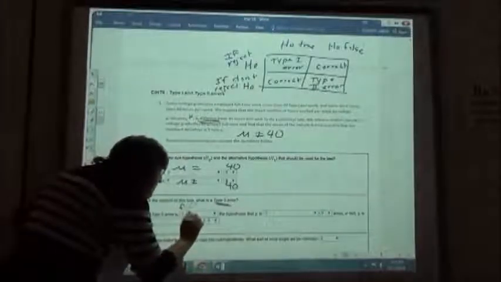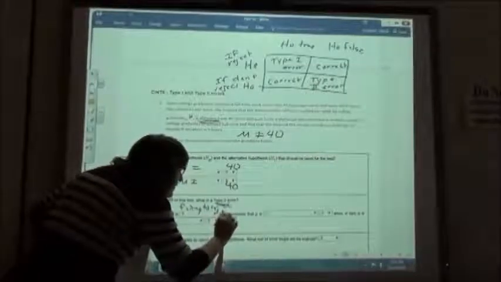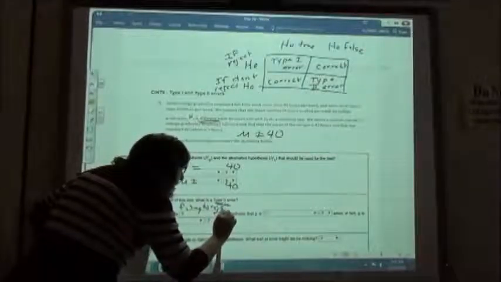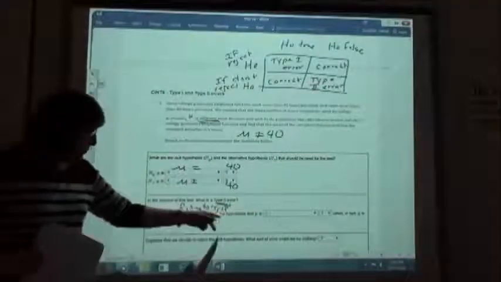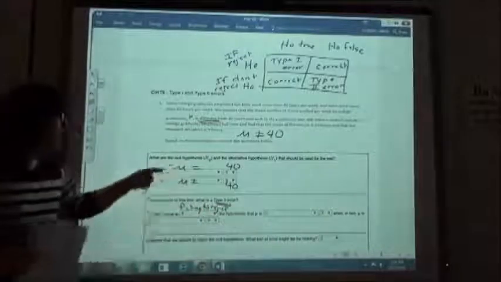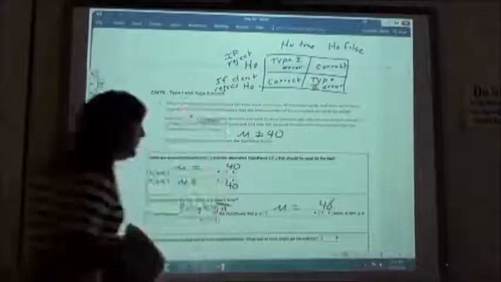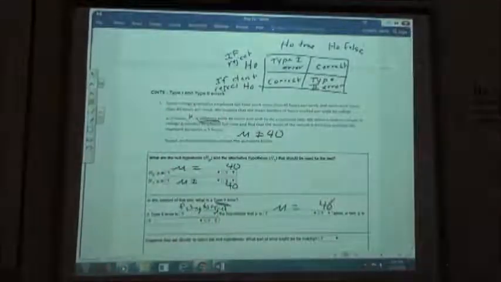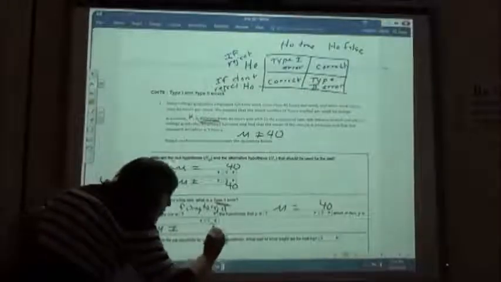It's going to say failing to reject the hypothesis that, and then I'm going to put the null in there, so I'm going to use my mean is equal to 40, when in fact, the mean does not equal 40.